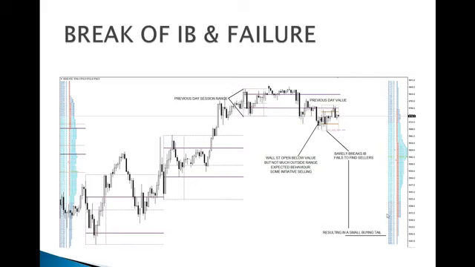So you have to combine, like trading is all about combining all of these different ideas and different information, and then chewing it all up and spitting it out as a trading idea. Now, in this particular example, the initial balance range is really large due to news that came out before the market opened. So that caused an abnormally large initial balance, which made it very difficult to extend either way.